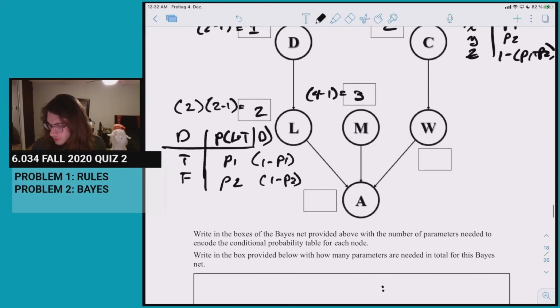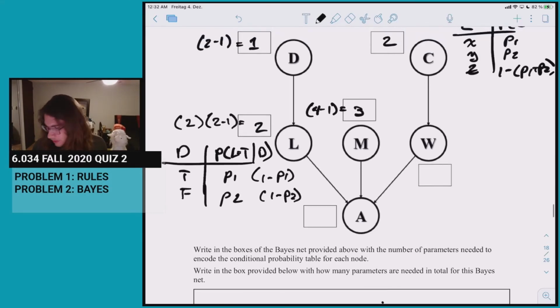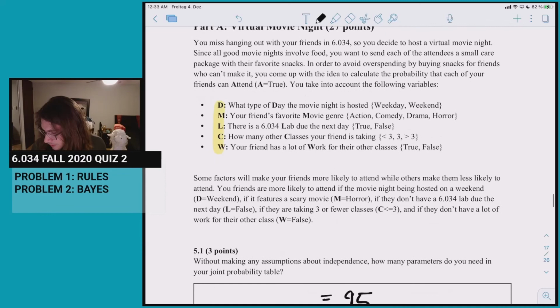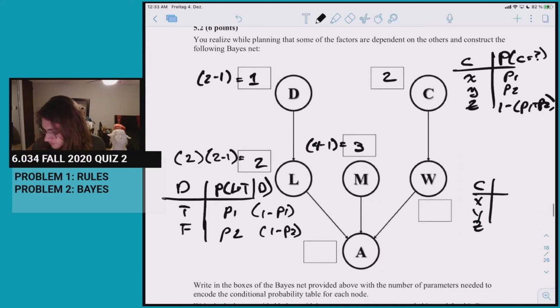And then the same logic applies to W, actually, because it would be the same, except this would be X, Y, Z, and then W would take, how many possible values is it, true or false? So it would be P1, P2, P3, because there are 3 different universes.